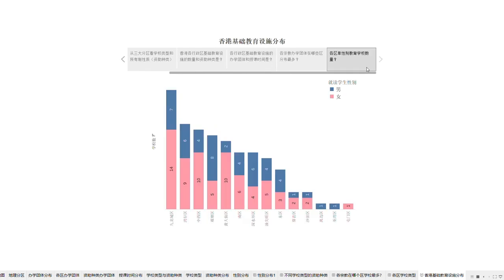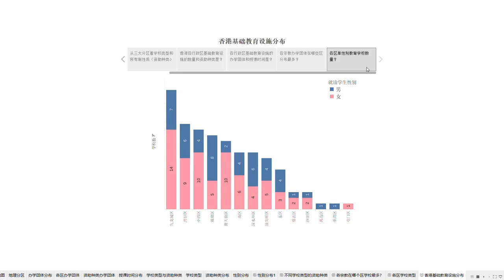Last but not least, single-sex education also exists in Hong Kong. This graph shows different districts and how the single-sex schools are distributed. To explain, the blue bars are the boys' schools and the pink bars are the girls' schools.